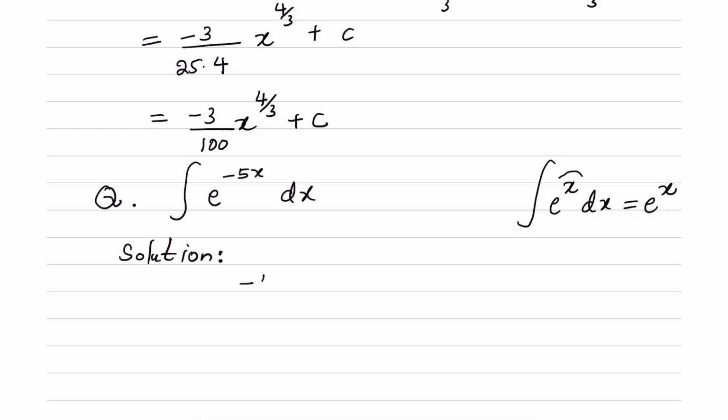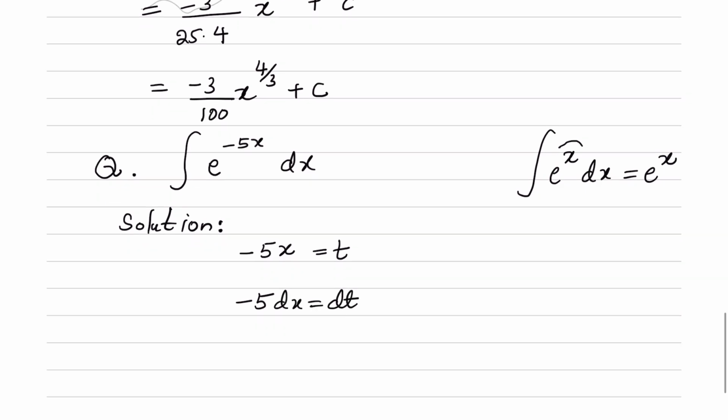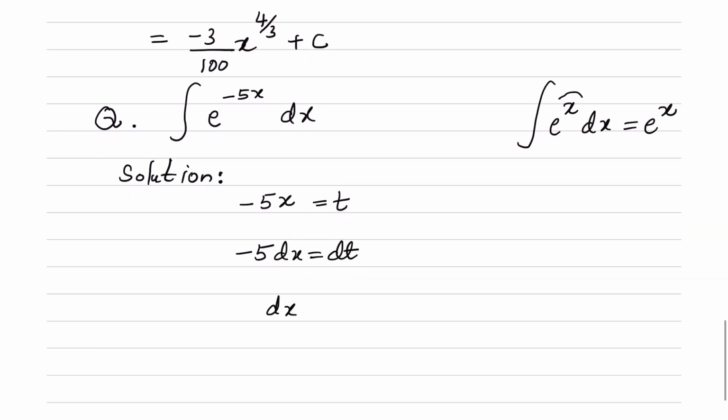Also, when we suppose minus 5x equal to another variable, we have to ensure that the derivative is also there. The derivative of minus 5x is minus 5, and minus 5 is a constant which will be adjusted later. So we will go ahead with this substitution. Minus 5x equal to t, differentiating, minus 5 dx is equal to dt, and the value of dx is minus dt by 5.